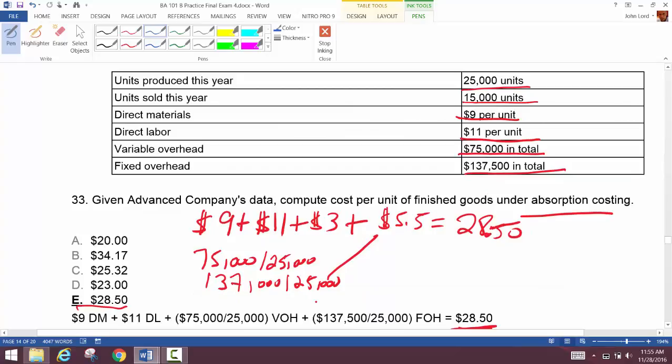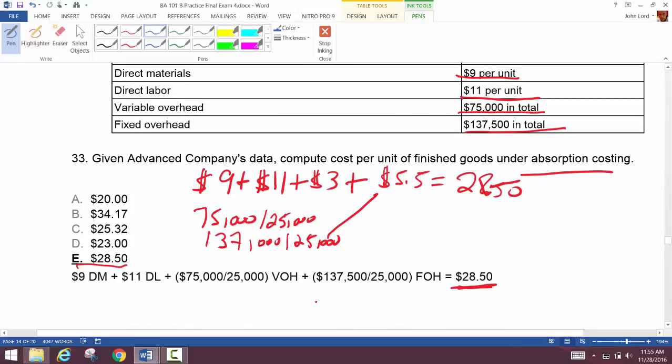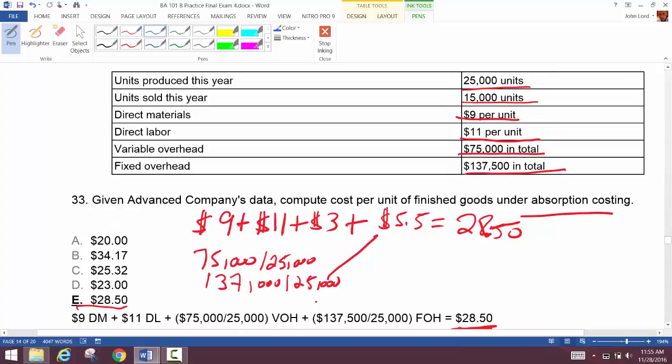So let's just make sure we know where we got that. That $23 is going to be what? It's going to be the materials, the labor, and just the variable portion of the overhead, right? Which was what, $3?